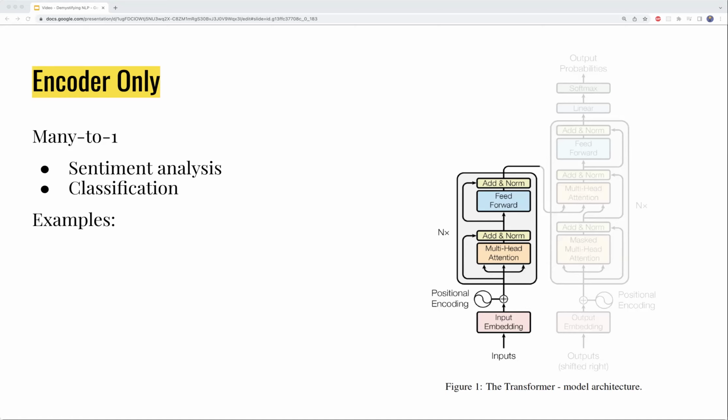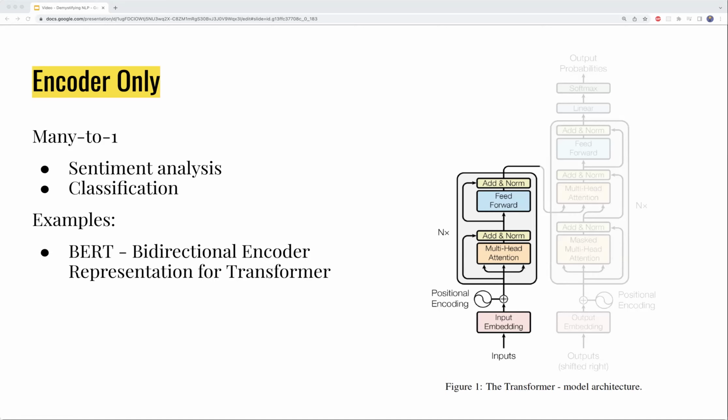The most famous of the encoder only transformers would be BERT, which stands for Bidirectional Encoder Representations from Transformers. And RoBERTa is the exact same architecture as BERT, but it's just been trained longer. It's Robustly optimized BERT. And BERT's actually been tweaked and optimized a zillion ways. So there's actually a bunch of BERT-based variants out there.